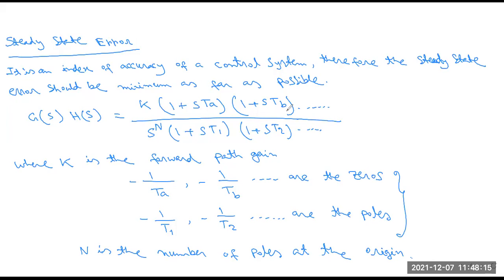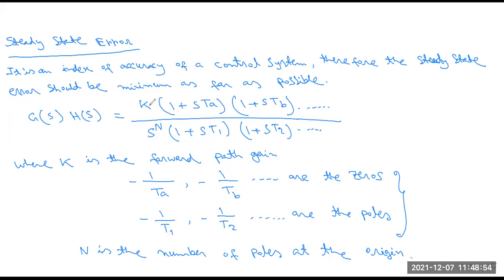Okay, so for this steady state error we have to implement this function in the transfer function. G(s)H(s) equals K into (1 + sTA) into (1 + sTB) dot dot dot. These are basically the zeros, and the denominator part is s to the power n into (1 + sT1) into (1 + sT2). So here these are the different terms. K is the forward path gain. We learned it in the block diagram reduction technique and the signal flow graph method in module 1.